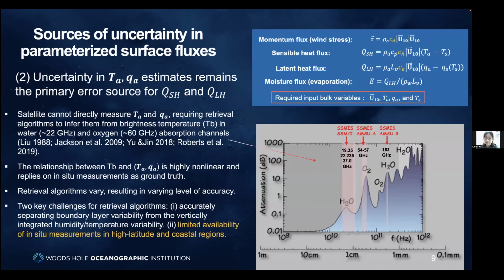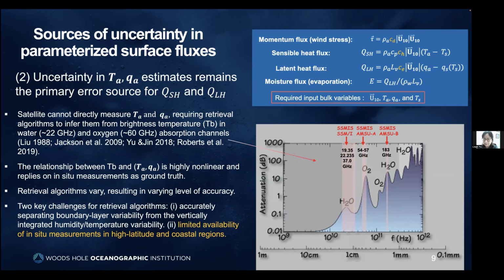So enough about parameterization. Another error source is the input variables, which our group has put a lot of effort into developing better algorithms for retrieval.